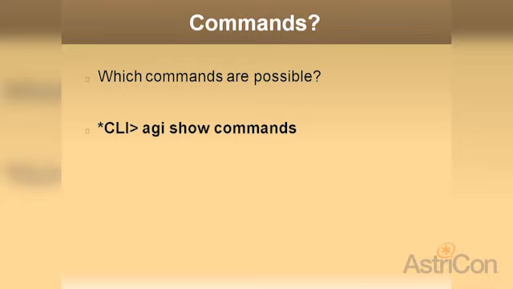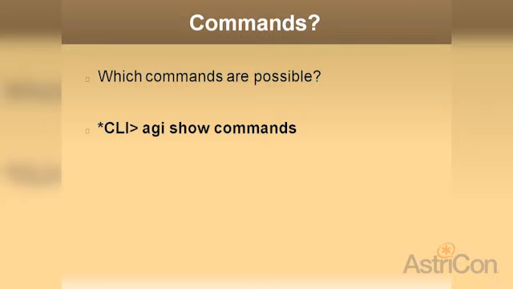Now, I'm sure the question you have is, which commands are possible to use inside AGI? The answer is, if you do an AGI show commands on the CLI, you're going to see all those commands.